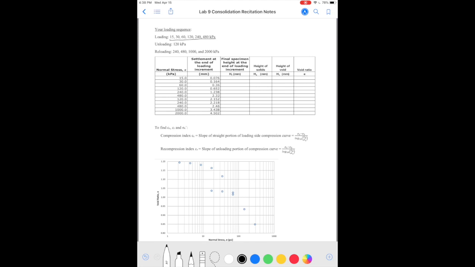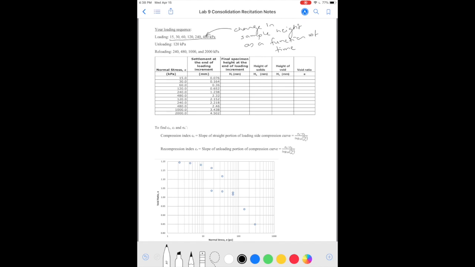Then we unload and then reload again. During each load increment, we keep track of change in sample height as a function of time, and we are going to use that information to find the coefficient of consolidation.